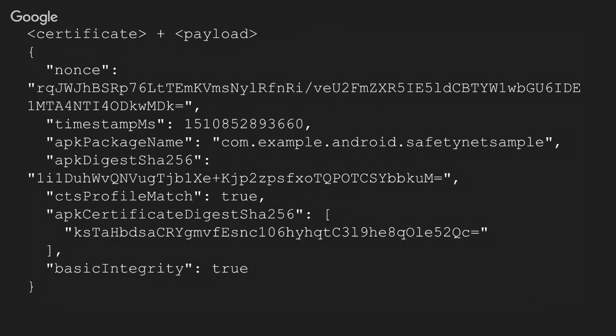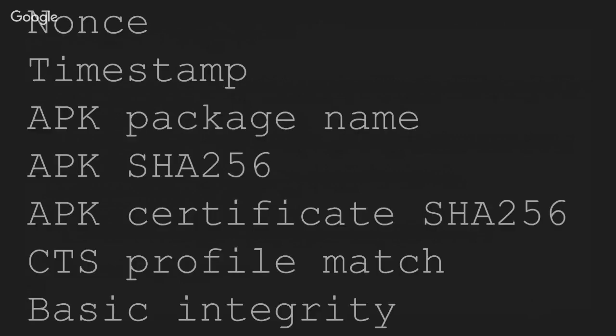We have the timestamp, package name, the digest of the APK, the whole APK, the whole file. We have the digest of the certificate, and we have two Boolean flags, basic integrity and CTS profile match.